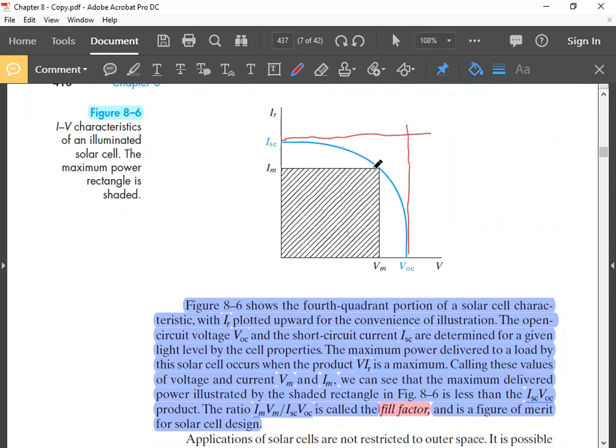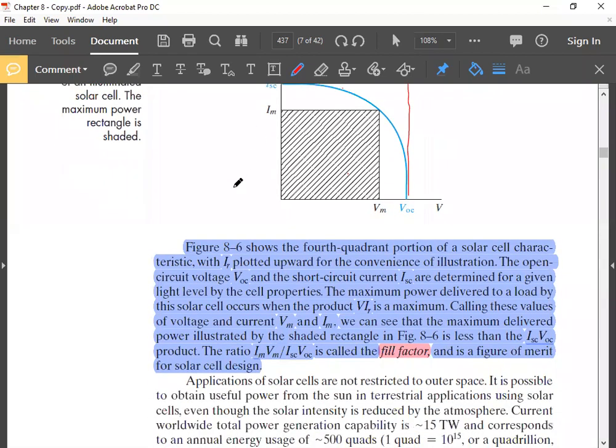So the maximum power which is obtainable, VmIm, is also smaller than VOC ISC. So this ratio, VmIm by VOC ISC, is called fill factor.